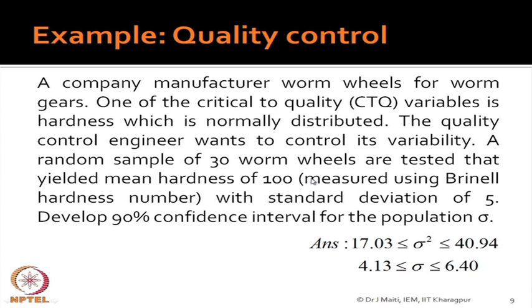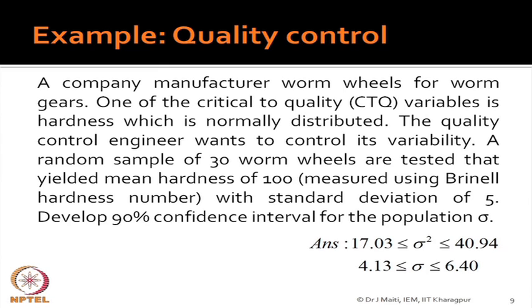The quality control engineer wants to control its variability. A random sample of 30 worm wheels is tested that yielded mean hardness of 100, measured in Brinell hardness number, with standard deviation of 5. Develop a 90% confidence interval for the population sigma.